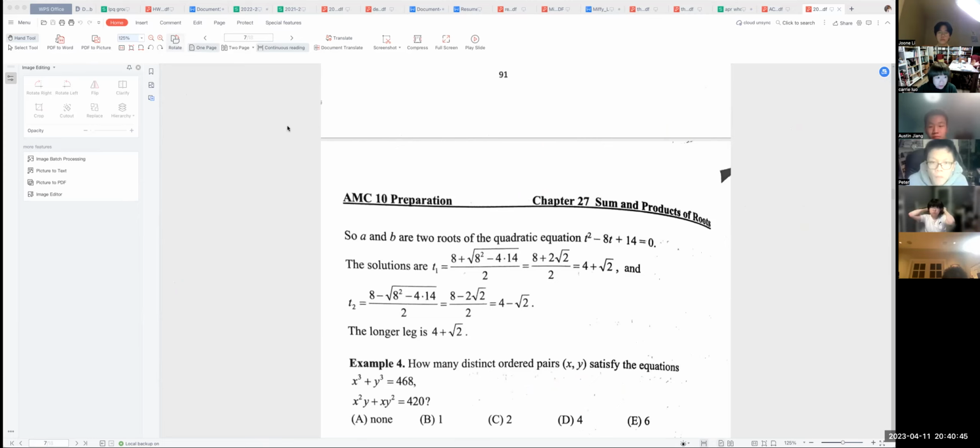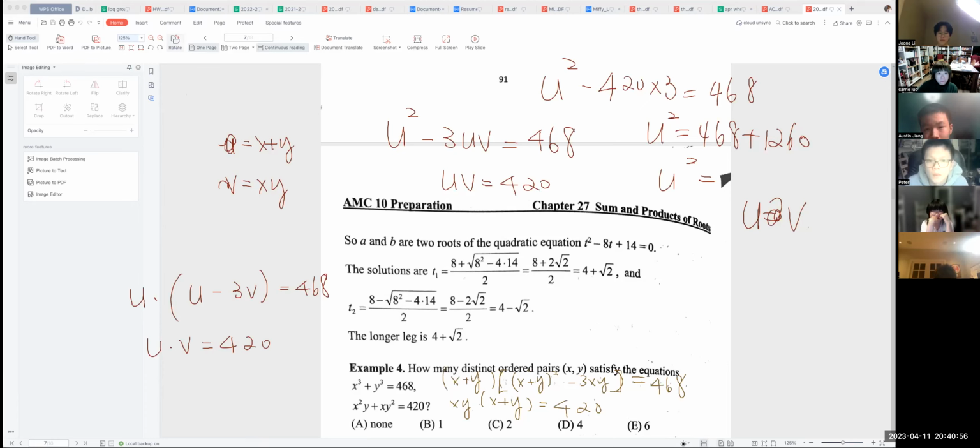Pin, which part of your competition problem is it? Like the uv part. I make x plus y equals u and x times y equals v. Do you understand this part? Yeah.